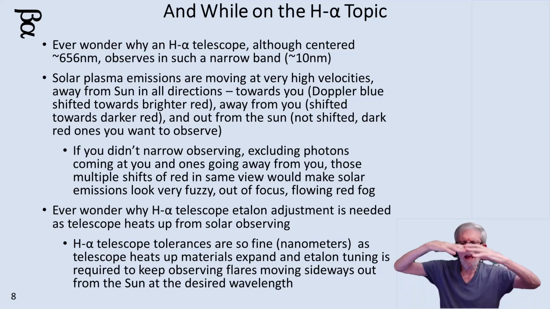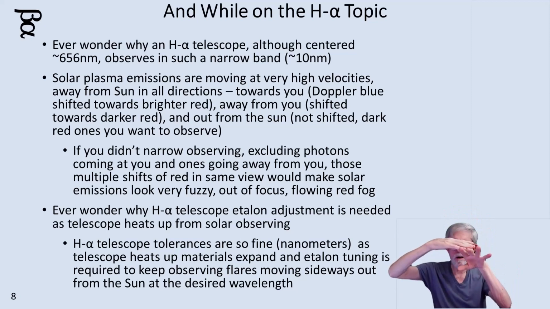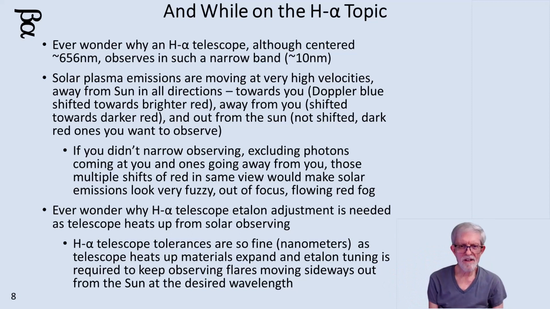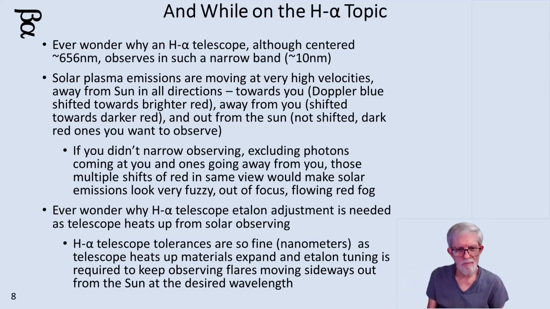Because on the edge of the sun, you're looking over the limb of the sun at the prominences coming off the sun. If those prominences are coming towards you, they're very high velocity. The wavelength is going to be shifted towards blue. Now, it's not going to be blue. It's just going to be not as red as you would expect.